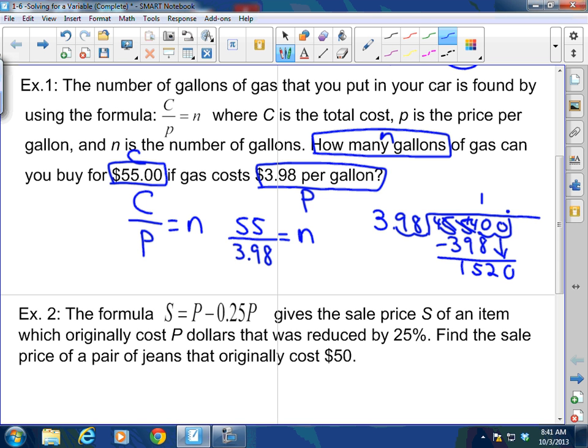How many times does 398 go into 1520? 4, I think. 5 is going to be way too high. So 4, we get 2, 3, 36, and 3, 9, 3, 15. Oh no, too much. So let's try 3. That's 24, 9, and 2. So that's going to be 3, which is 1194.